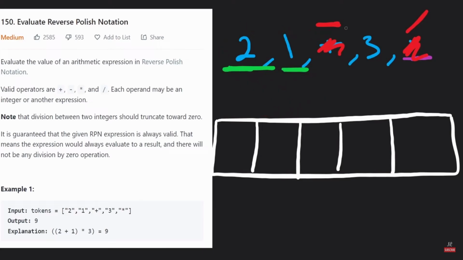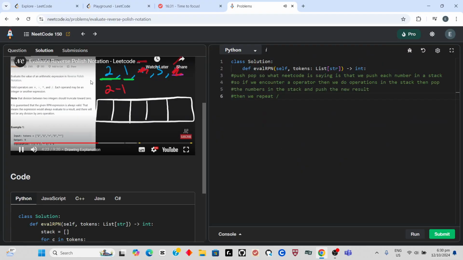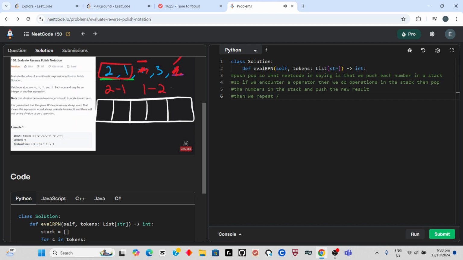But when you have subtract, which order are they going to be subtracted? Well, the intuitive one would be 2 minus 1, because that's the order that they appear in. But 1 minus 2 could be possible, right? Well, in this case, if you looked at the second example, I think they clarify that, yes, it's going to be this way, right? 2 minus 1.